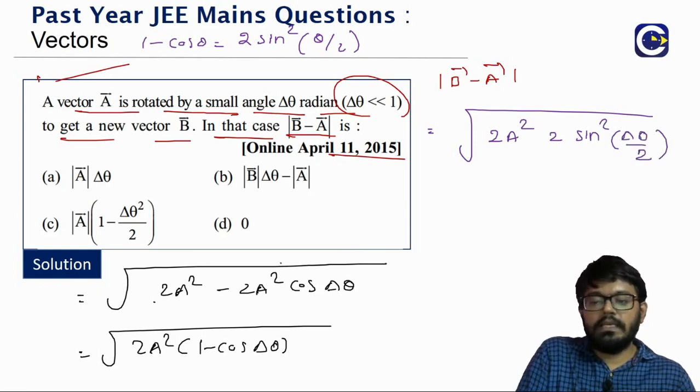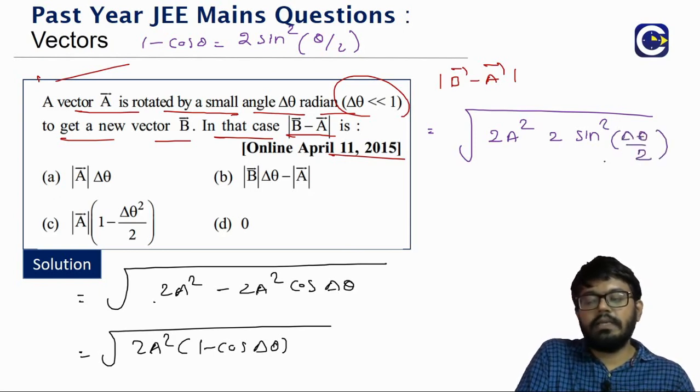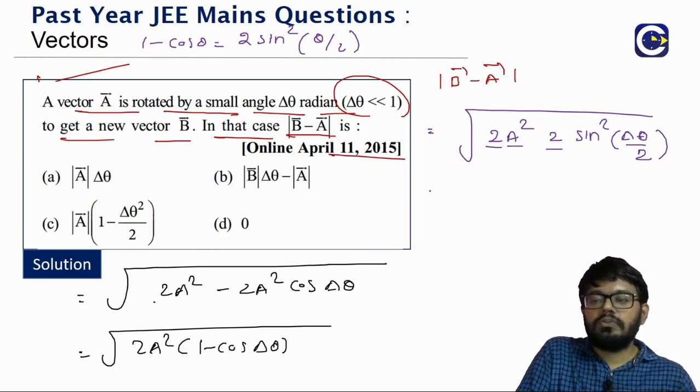Here what is the angle? Delta theta, so we'll get delta theta by 2. So 2 twos are 4, and they will come out of the root. Root 4 is 2. Root a square is a. Root of sine square delta theta by 2 is sine of delta theta by 2.